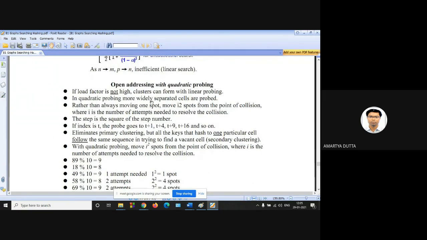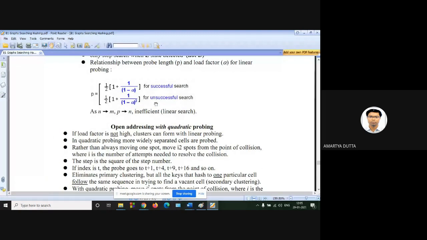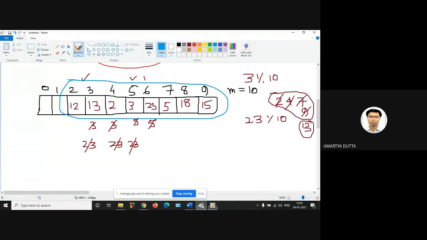Now quadratic probing. What is the main problem behind linear probing? This is the clustering. Look, all the elements are clustered from 2 up to array index 9.